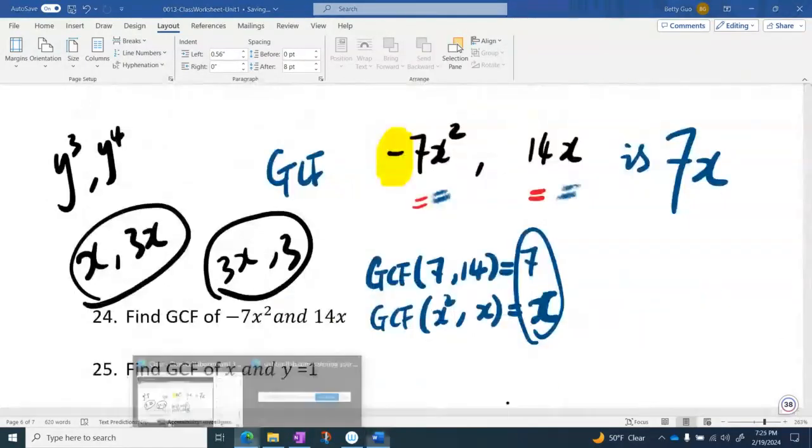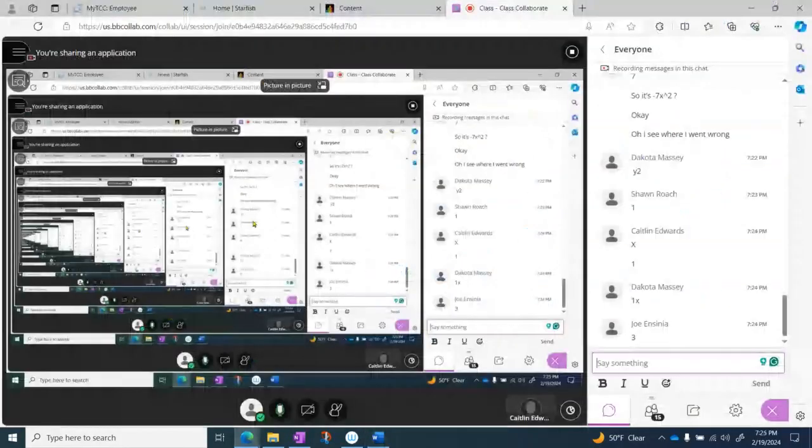Let's reflect on what we have just learned: two conclusions on finding GCF and LCM. Mainly I want you to remember the two special cases. Not just the GCF and LCM of two numbers, I also need you to know how to find the GCF of two terms.